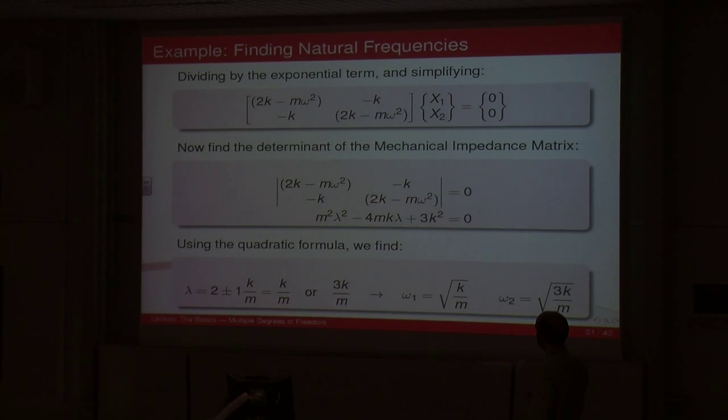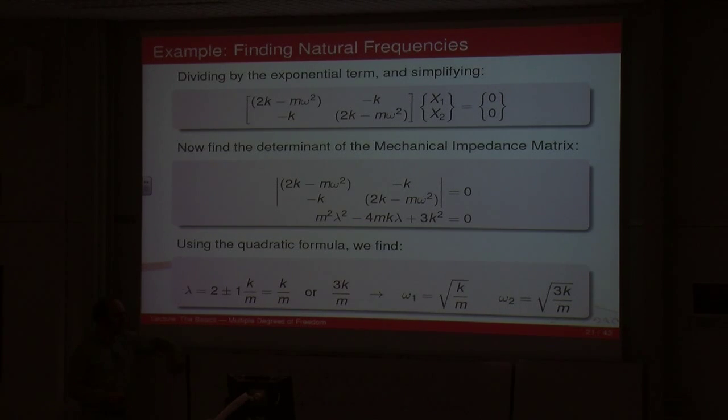So this equation here is basically those two multiplied together minus those two multiplied together. So there we've got the determinant. You can quite clearly see that this is a quadratic in terms of lambda. And if you do the quadratic formula, you get 2 plus or minus 1, k upon m. So that obviously equals k upon m or 3k upon m.